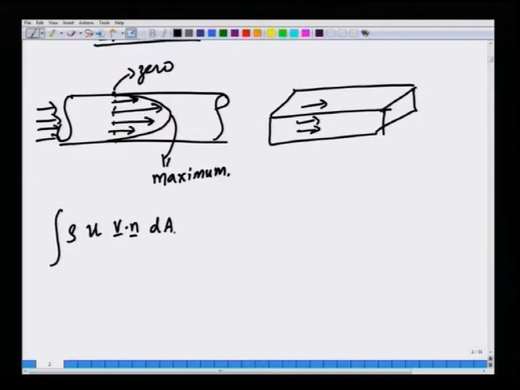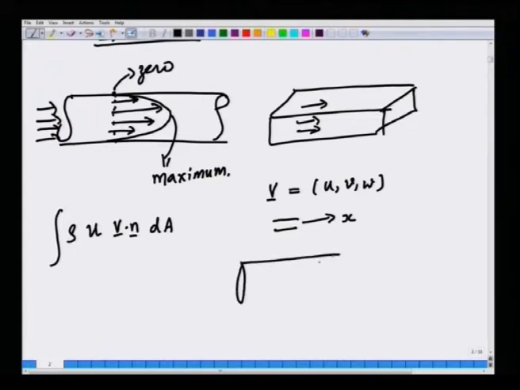where let us say the velocity v is given by components u, v, w. Let us say the flow is in the x direction, and we are looking at the x component of the momentum balance. Let us focus on the outlet.